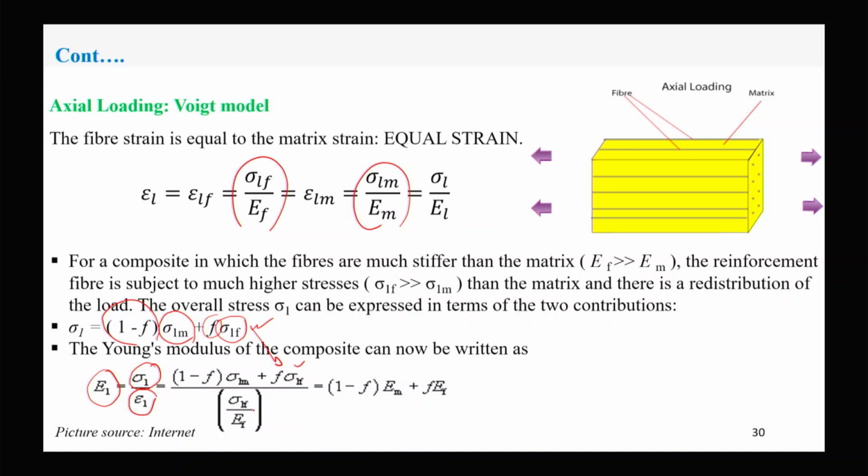So we can use strain of fiber, which is nothing but the stress of fiber divided by modulus of fiber. And finally, after solving this, we get the relationship, which is the matrix volume fraction multiplied by the modulus of matrix plus fiber volume fraction multiplied by modulus of fiber, okay, which gives the modulus of composite.